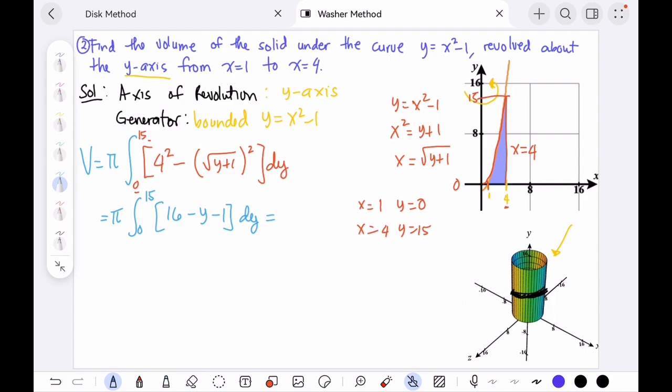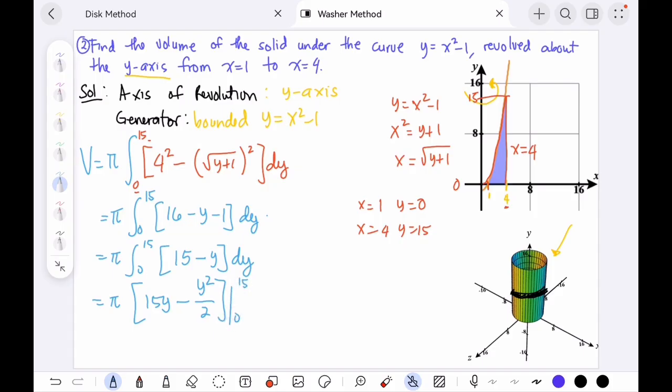Therefore, we can simplify this further into pi integral of 15 minus y dy. The antiderivative is 15y minus y squared over 2.